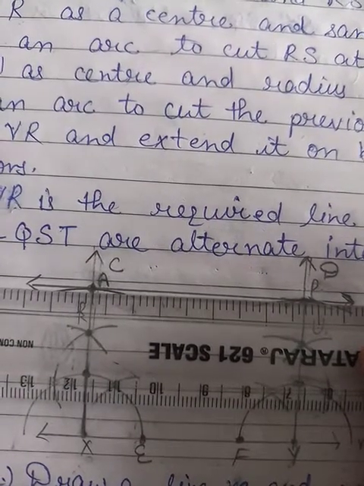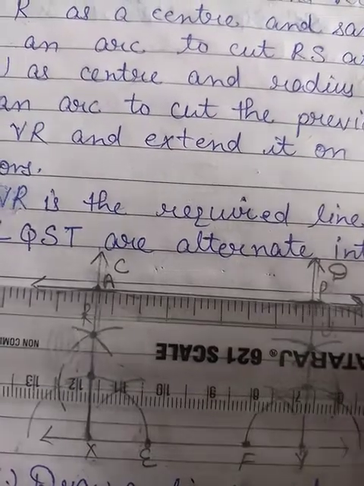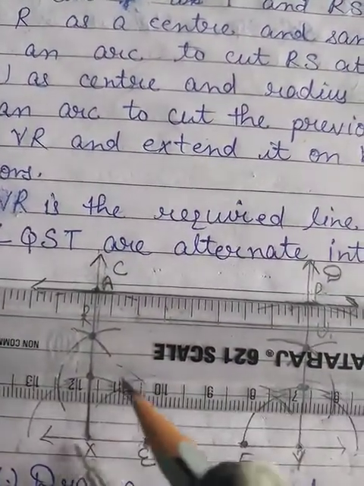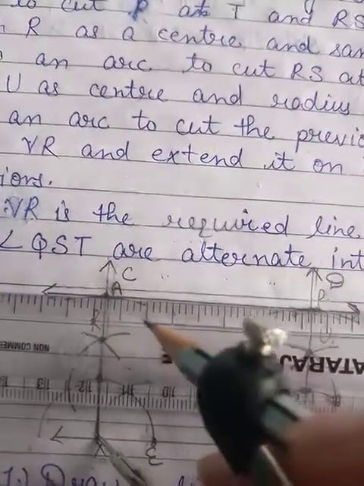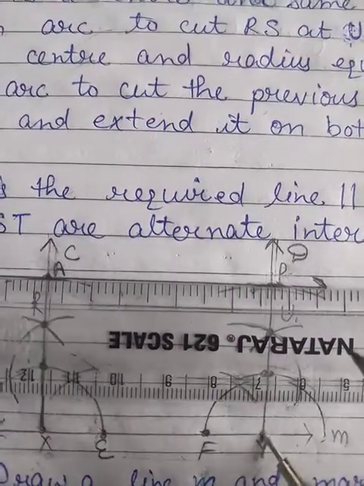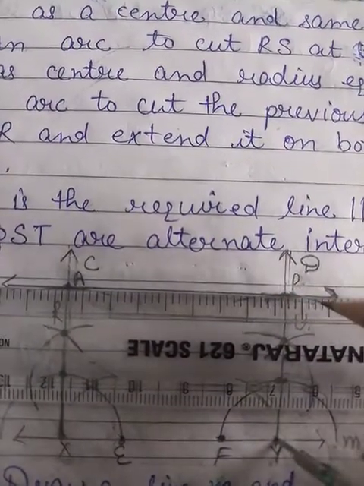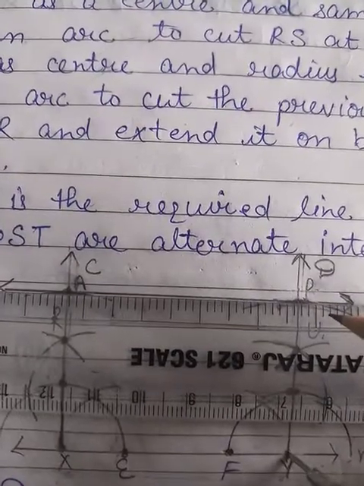Again I am repeating, after taking the distance of 3.5 centimeter, we will keep the compass firstly on the x. We will mark an arc. We will cut the angle of 90 degree till that distance. By taking the y as a center, we will again mark an arc, which will intersect the 90 degree angle.